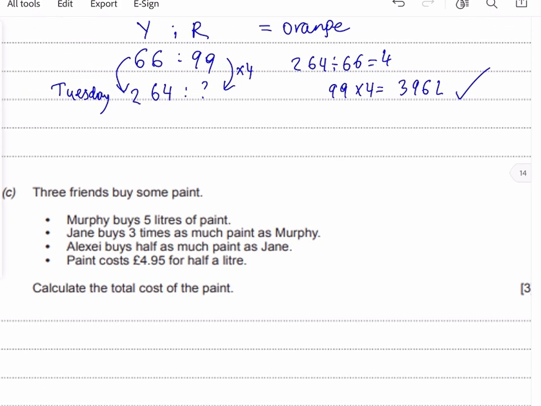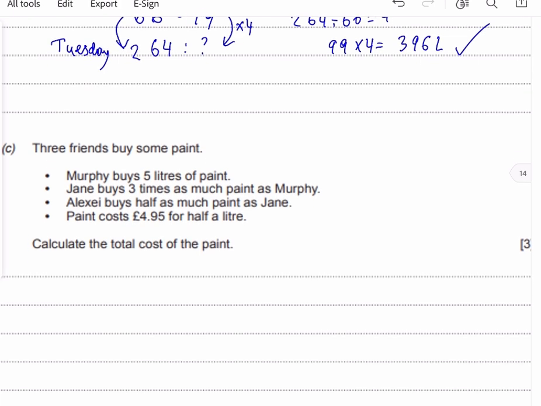So this actually, I had to try this question twice because it got a little bit tricky at the end. 3 friends buy some paint. You can try this question yourself. You can pause the video and try it and see if you get it right, and then watch the rest of the video. So Murphy buys 5 liters of paint. Jane buys 3 times as much.